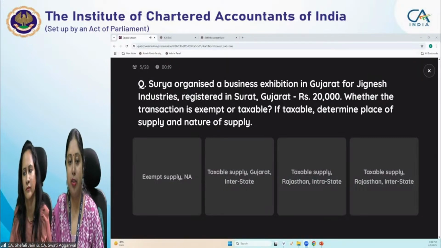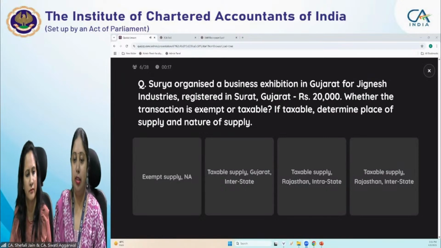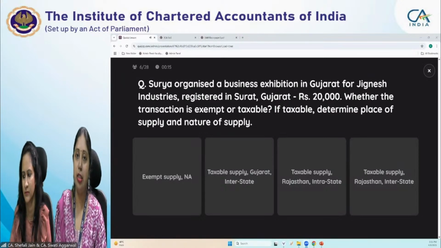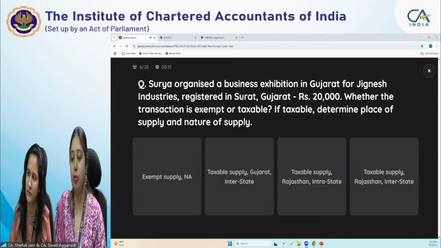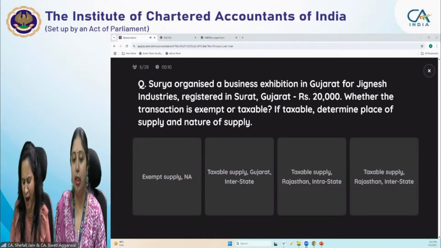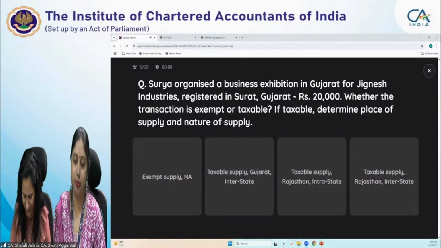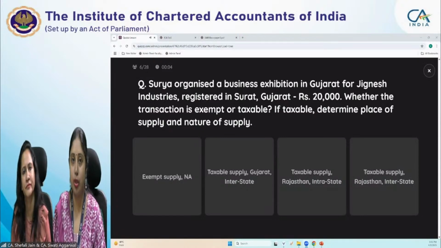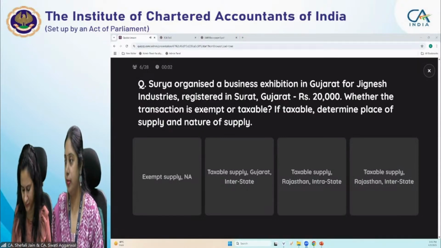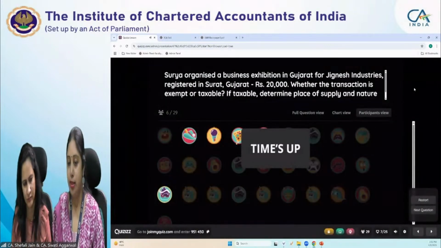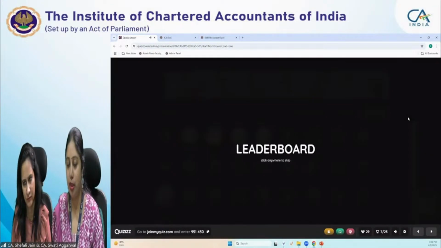We are still receiving the answers. You have to answer whether it is exempt or taxable, and if it is taxable, the place of supply and nature of supply. This is what is required while answering this question also. So time is up. Let us see how you have performed in this question.